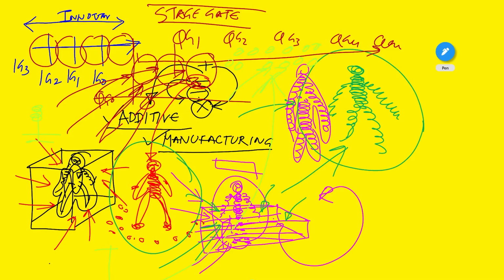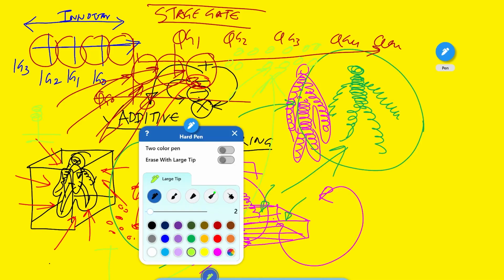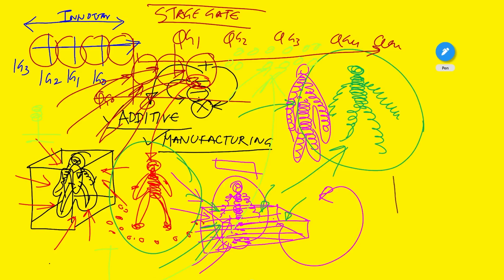Let me use a different color. Maybe I will use brown. You take a wooden structure where you create a basic frame. You do some lattice work using straw or some soft material.